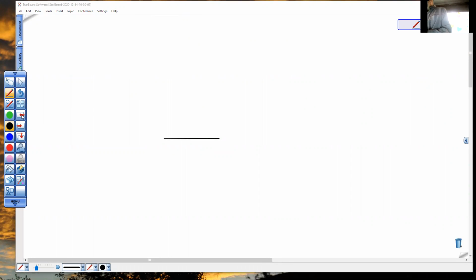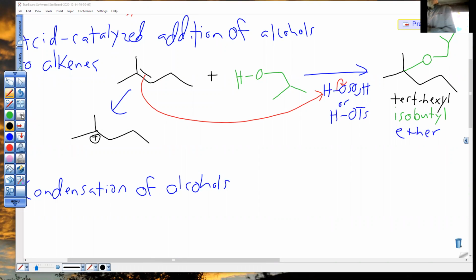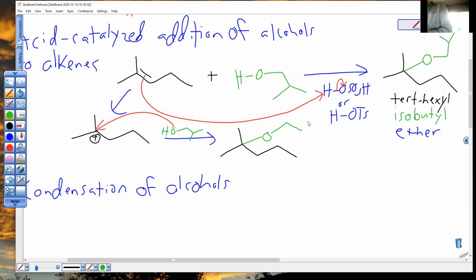We got that line on the next page. Okay, isobutanol right here. Lone pair attacks carbocation, generating an oxonium ion. It's got to be our 30th oxonium ion this semester. That might be an understatement.